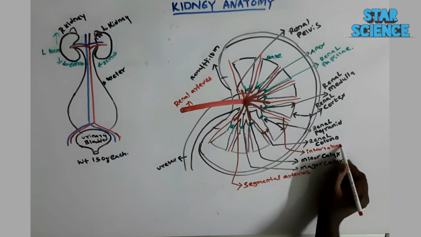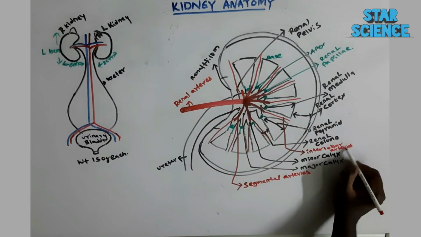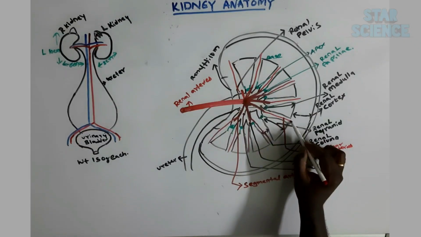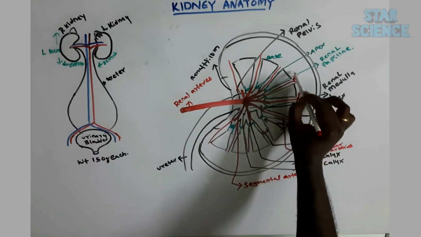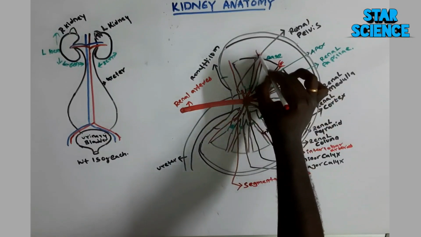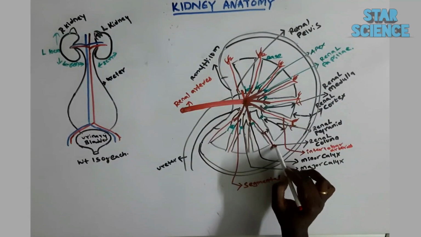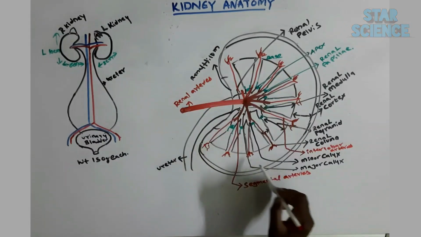As soon as the interlobar arteries enter the inner juxtamedullary zone, they give a number of branches, which are called the arcuate arteries. Right now I'm showing in a diagram the arcuate arteries.